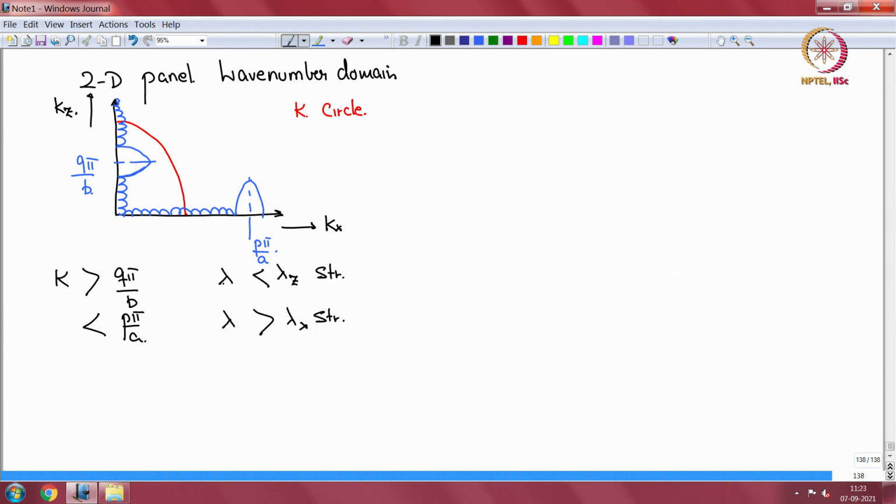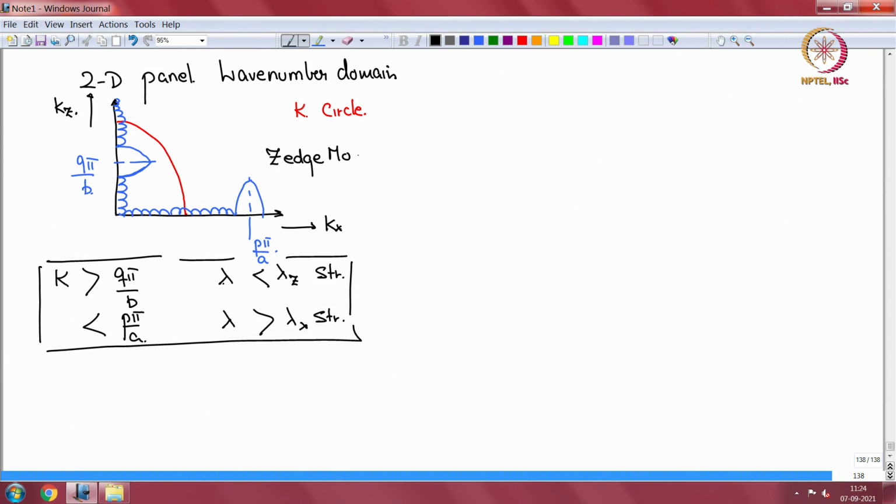That's how the plot looks. This is one case. Let me give it a name: Z edge mode. This will make sense later.